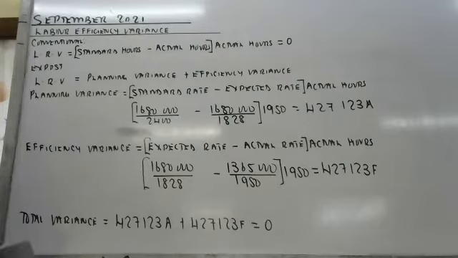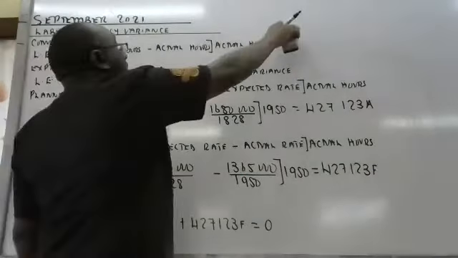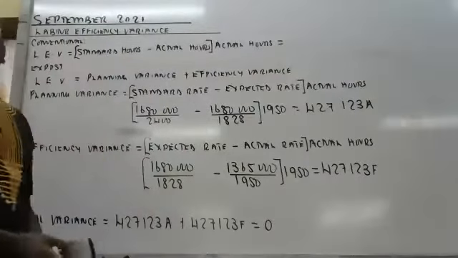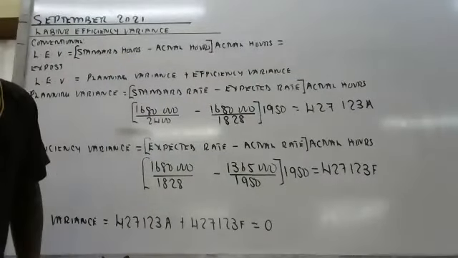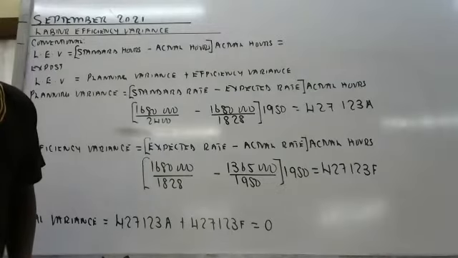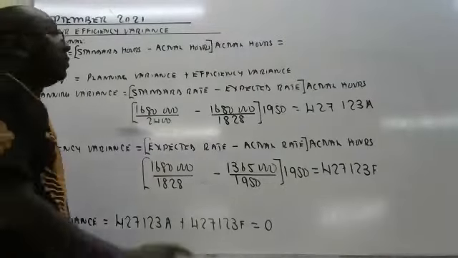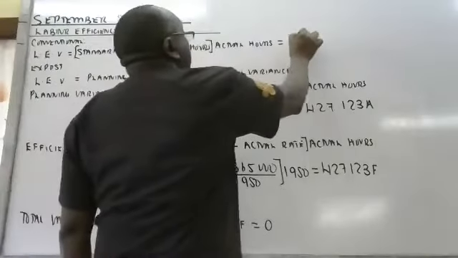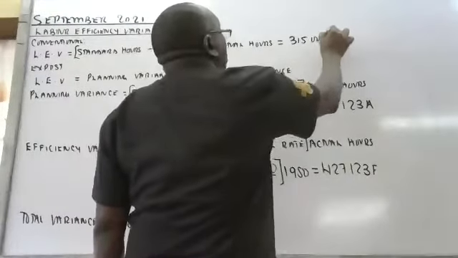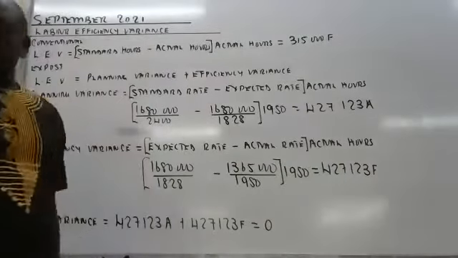Now, the labor efficiency variance is standard hours minus actual hours. And the difference that we are going to have is 315,000, which is favorable.